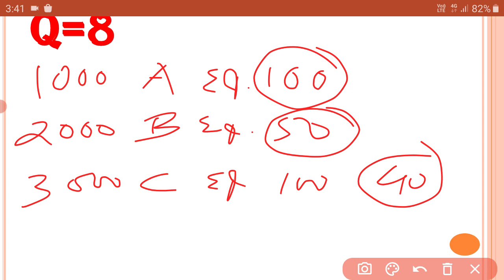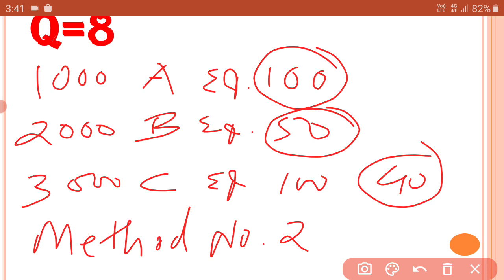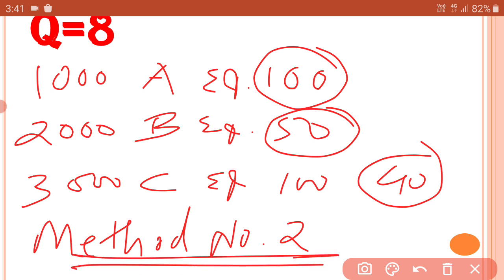So this question is related to method number 2, because in this question the price of equity shares is 100, 100 and 100. It means the price is the same, and when the price is the same, then it's related to method number 2.